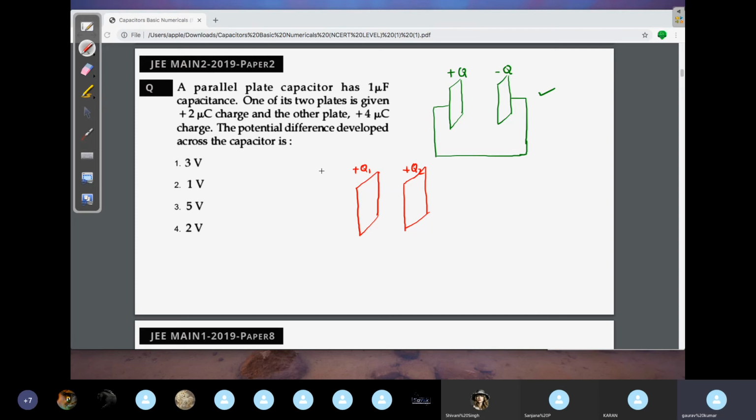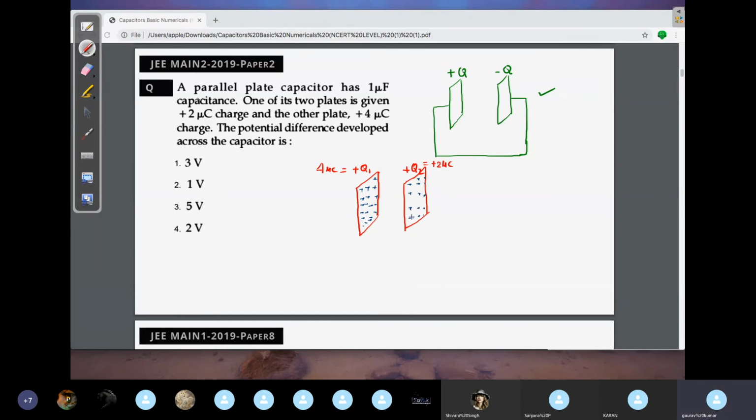By the way, I mean Q1 as 4 microcoulomb, and Q2 as plus 2 microcoulomb, like this. So you have plus like this, and here also you have plus like this.